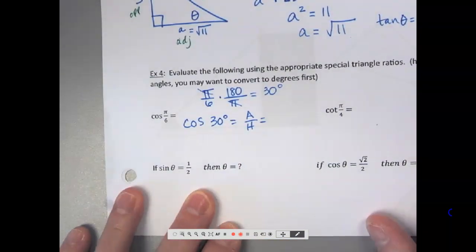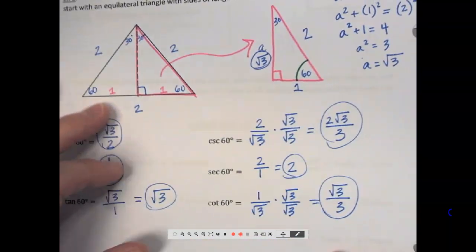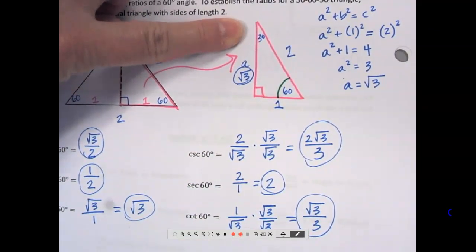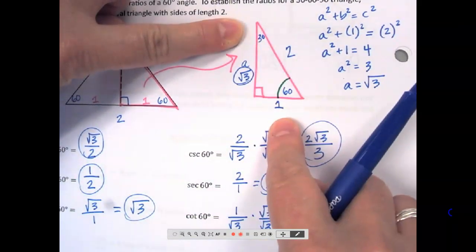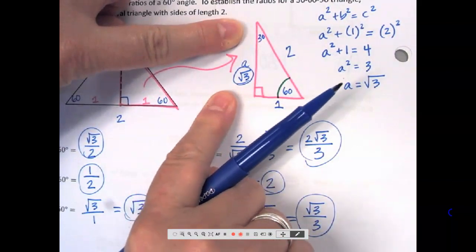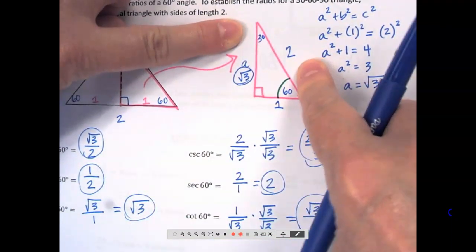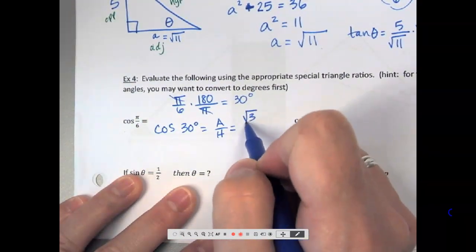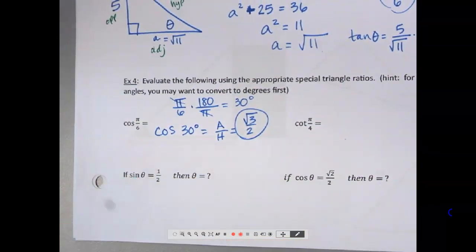So let's figure out what the adjacent to 30 is. Which number would I use for adjacent of 30? Yeah, this is opposite 30. This is adjacent. Hypotenuse is, so it'll be square root of 3 over 2. See if that was a lot that went into that one little problem.